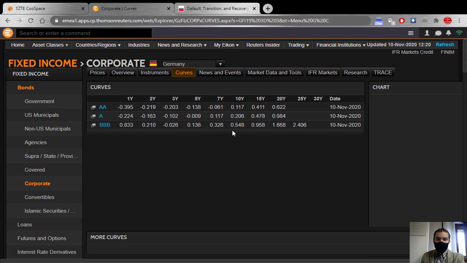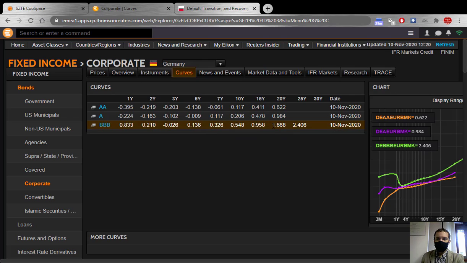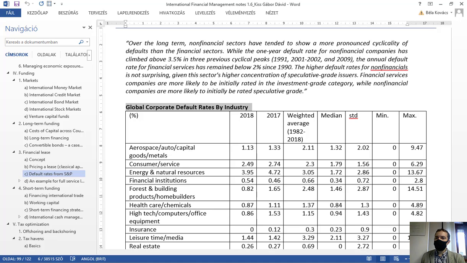And then we can see that, let's say the leasing company is issuing a AAA rated 10-year bond.